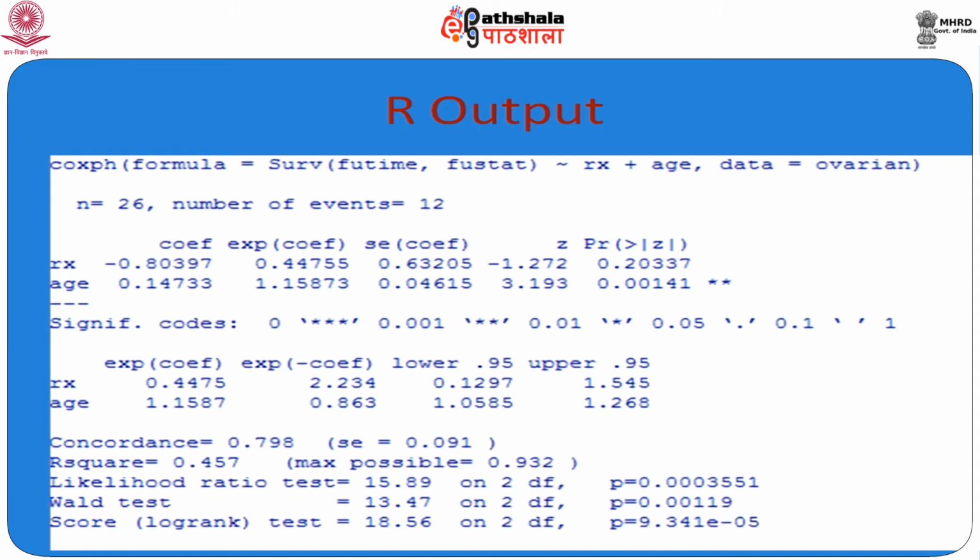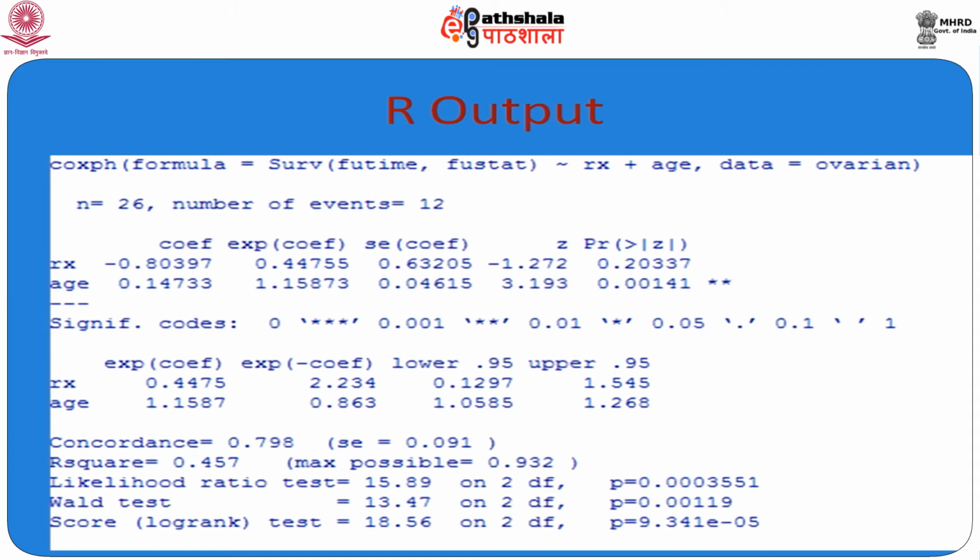It is to be noted that since the exponential of coefficients for age is 1.15, it states that in comparison to one group, those with higher age have a higher event rate.